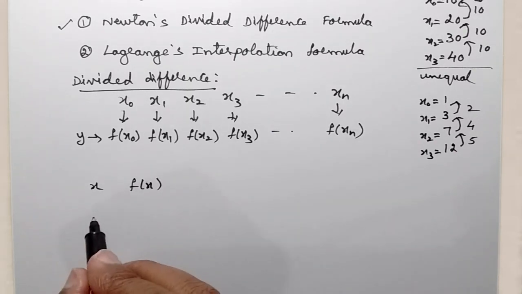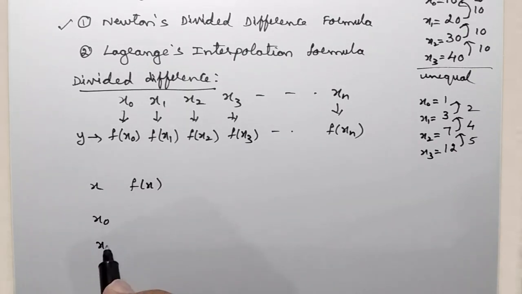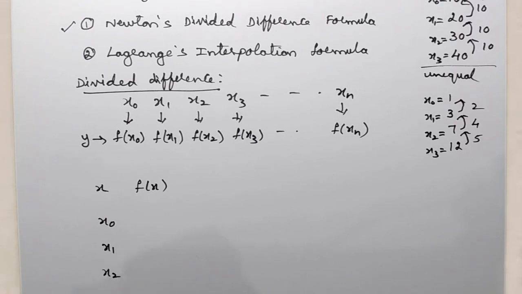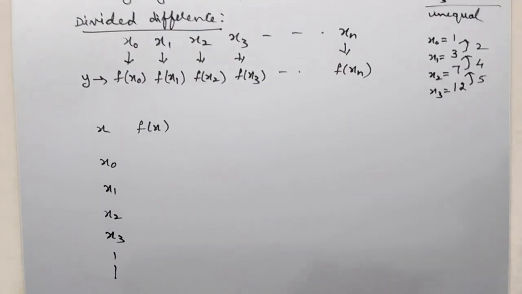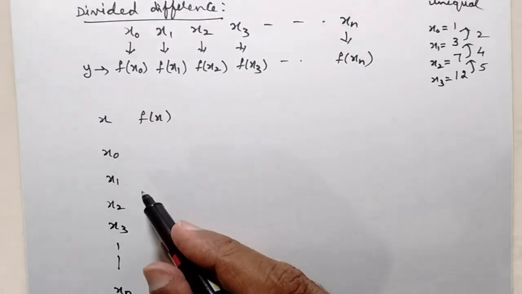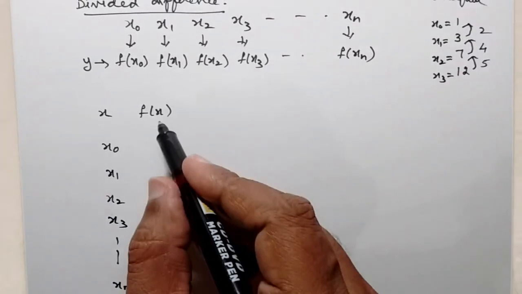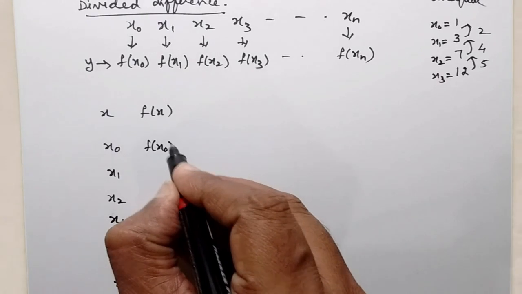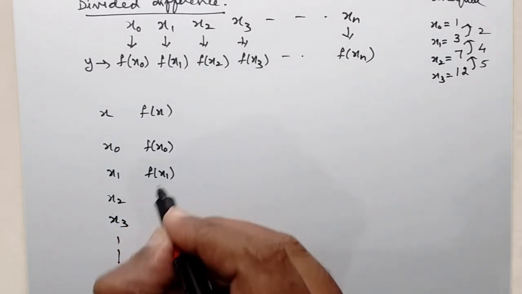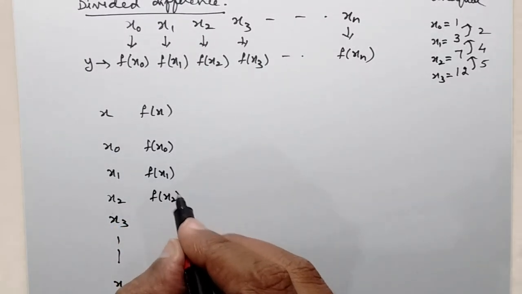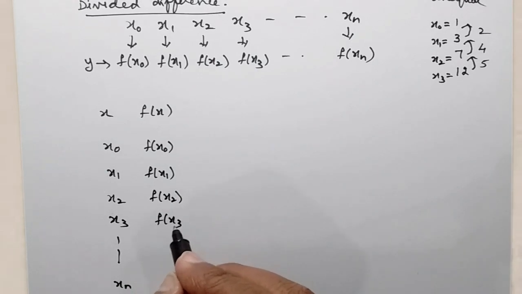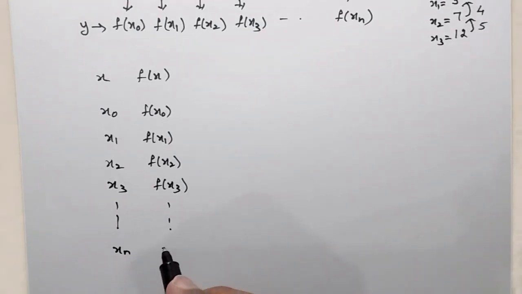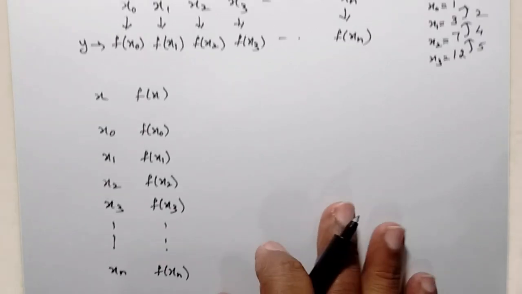Write down the values of x that you have: x0, x1, x2, x3 and so on up to xn. The corresponding values of f of x are f of x0, f of x1, f of x2, f of x3, and so on up to f of xn.